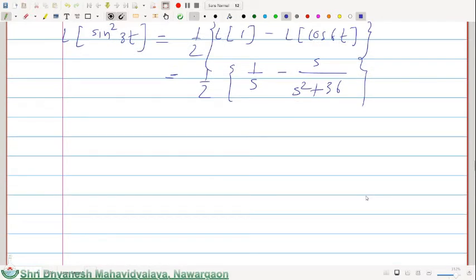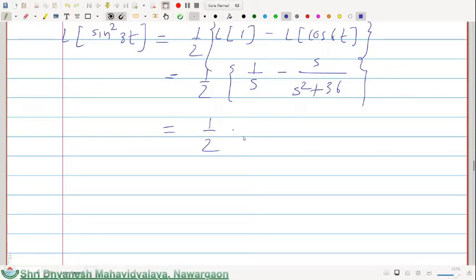You solve these two fractions, you will get 1 by 2 into (s square plus 36 minus s into s square). So s square and s square will get cancelled, 36 will remain there.